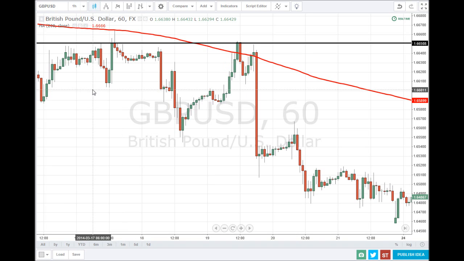The reason I would trade that engulfing candle is we have a number of signals. Firstly, we have an engulfing candle, EC, engulfing candle. Our second signal is the engulfing candle is on this horizontal resistance, HR, horizontal resistance.